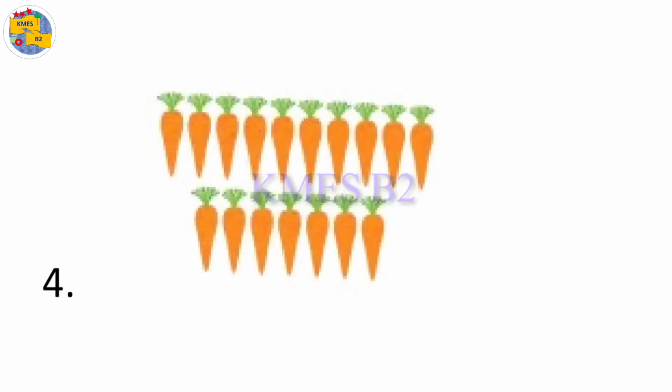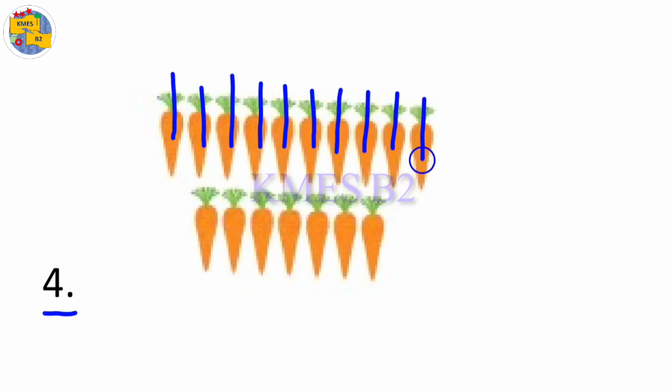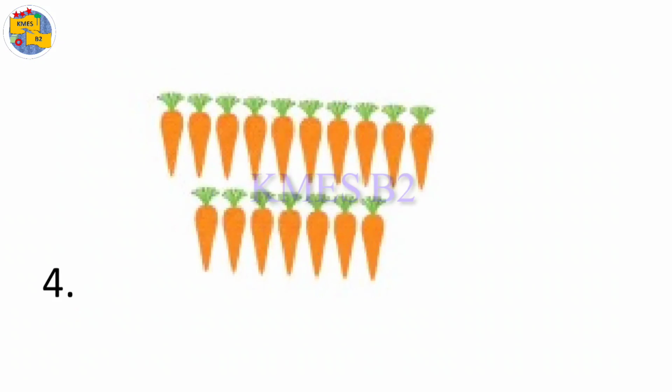Number 4. 1, 2, 3 up to 17. 17 carrots. So we will write here the number 17 like this.